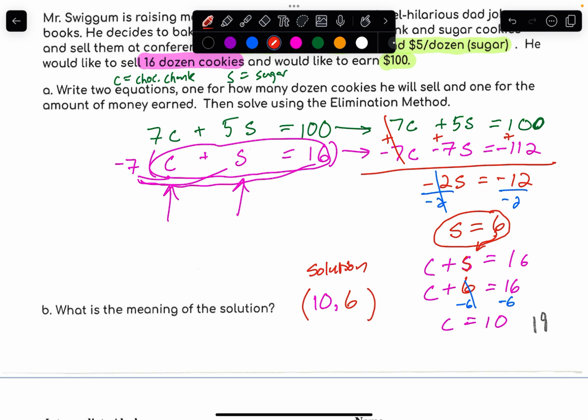So let's just write what that means then. So since the C related to 10, let's use the same color here.